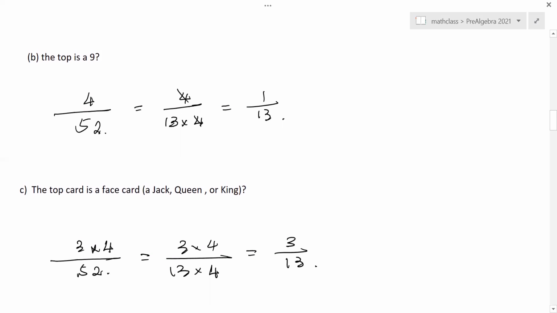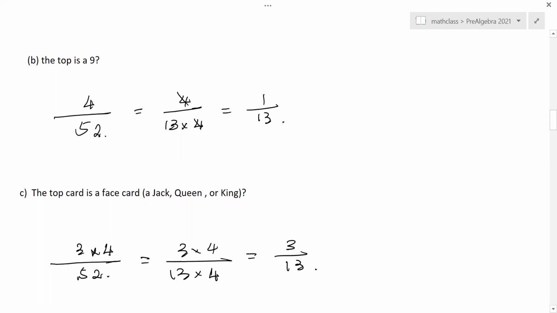That means if you randomly pick up a card and you record whether it's a face card or not, and you try it 1 million times, then the total number of face cards you get, which you put in the numerator, divided by 1 million, should give a number not exactly 3 over 13. It'll be very, very close to 3 over 13. Okay, 3 over 13 is the ideal case.